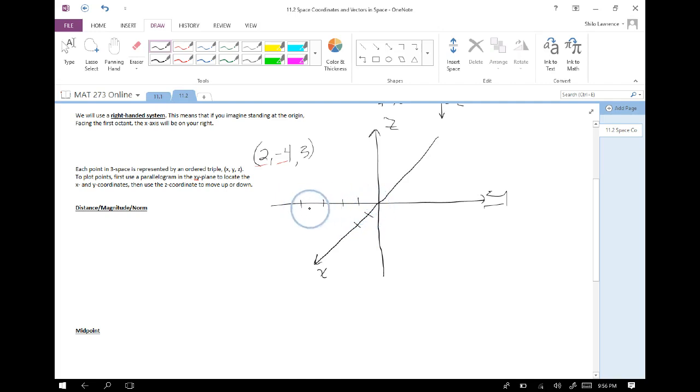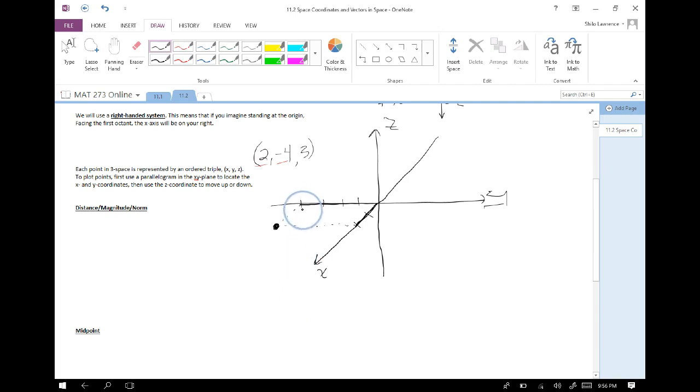And we need to make a parallelogram that uses these two sides, and we're going to finish out that parallelogram. So I'm going to do some dotted lines here to roughly show you where we're going. So that is approximately the point 2, -4 in the xy plane.